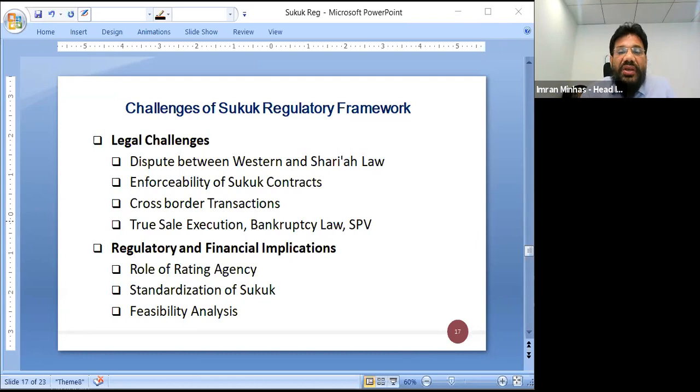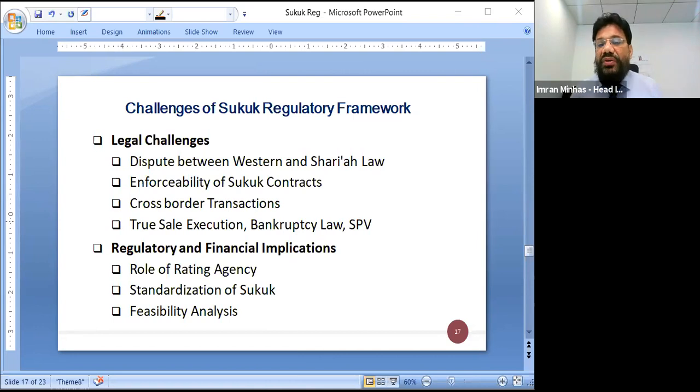So with regard to Sukuk development, the first challenge for the newly entered phase is the non-existence of a Sharia-compliant asset securitization law, number one. Normally what is followed in the subcontinent is Western law, which is not in line with the Sharia dictates. And the asset securitization law clearly states that securitization cannot be structured through debt.